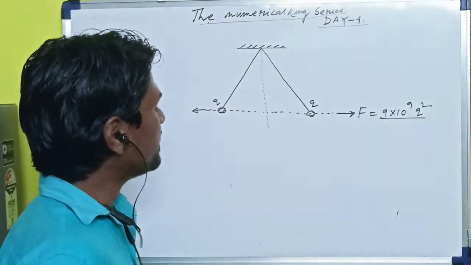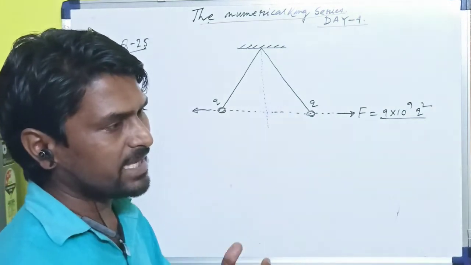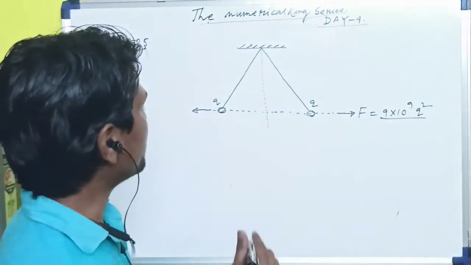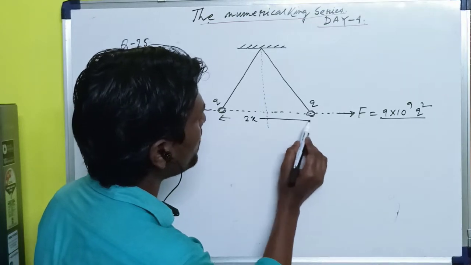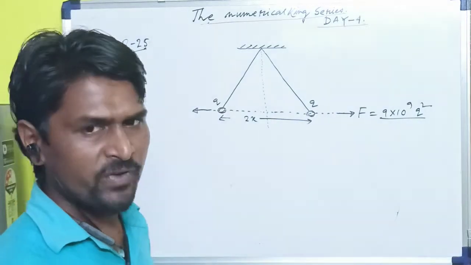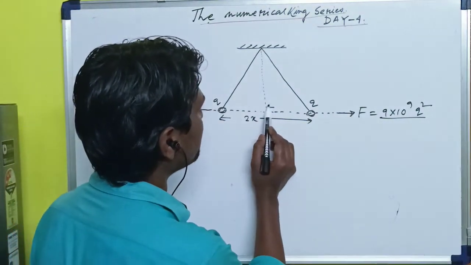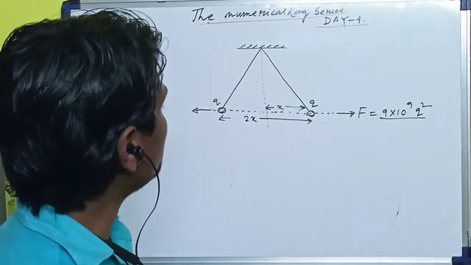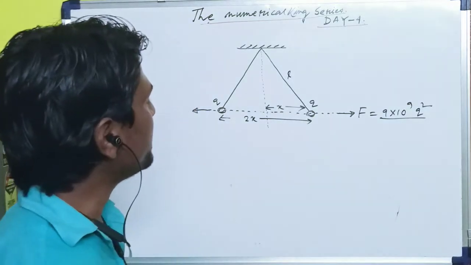If we take this distance as x, then there is a fraction x by 2. So we can take this distance as 2x. Why? Because this is the concept and this is the way to solve numericals easily. So this one is x, this one is x, and this is a particular length.